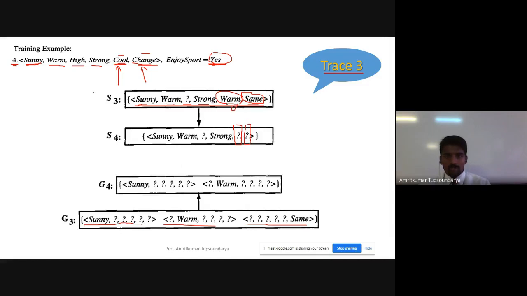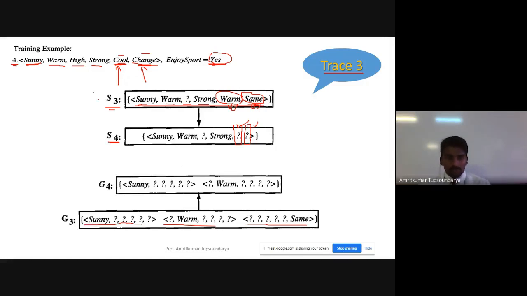Warm, as we discussed, is also accepted. Same is also accepted. And according to the fourth training example, cool and change are also accepted. So our S3 gets updated to S4 by warm and same getting replaced with two question marks, which denote any value accepted.